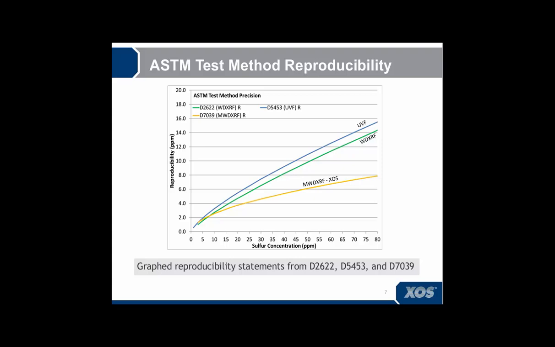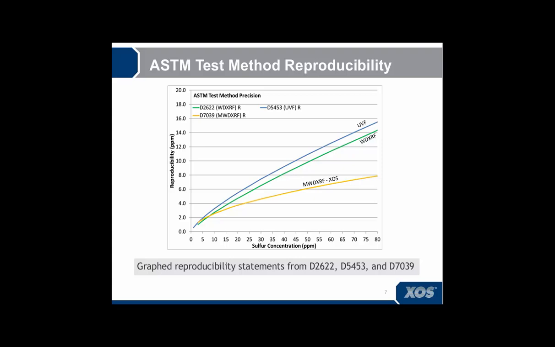The first thing you'll probably notice is that over a larger range, the MWDXRF does have better reproducibility. But then you might take a second look at the graph at the lower end, and you might notice that at the very low levels, less than 10 ppm, maybe MWDXRF is not as good as WD or UVF.